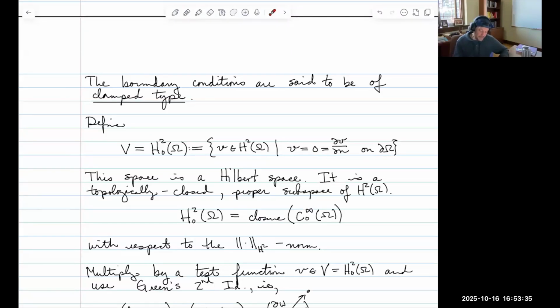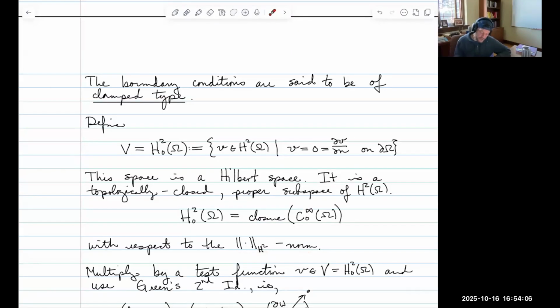So this space is a Hilbert space. It's a topologically closed proper subspace of H2, and you can prove that it is the closure of the space C0 infinity, the space of compactly supported C infinity functions on the open set omega, with respect to the H2 norm.